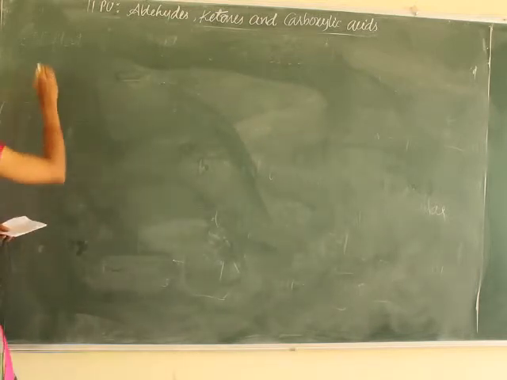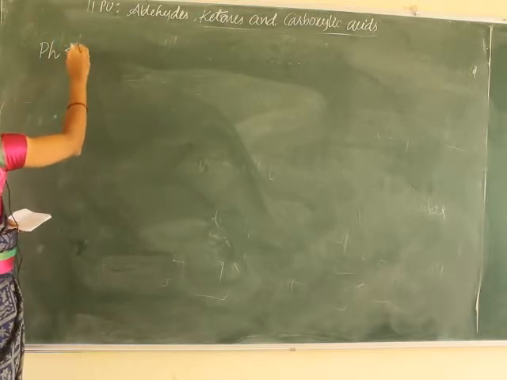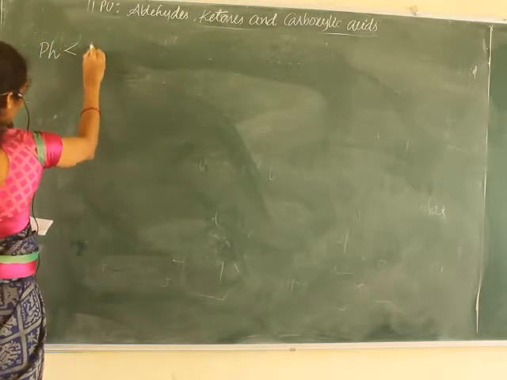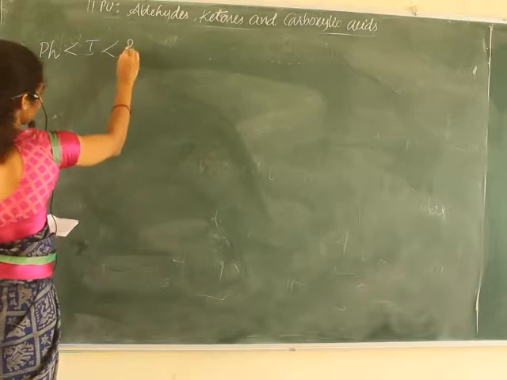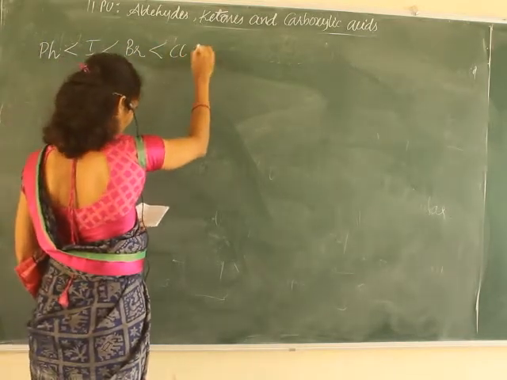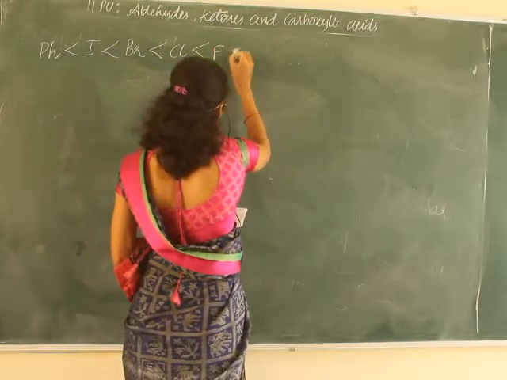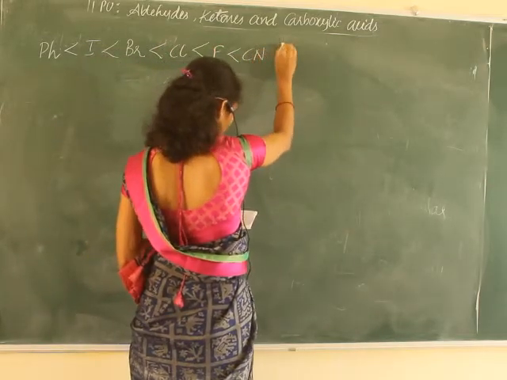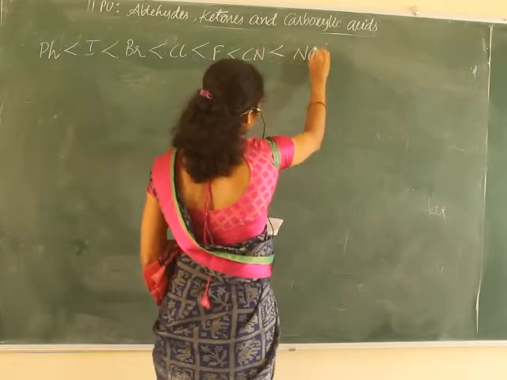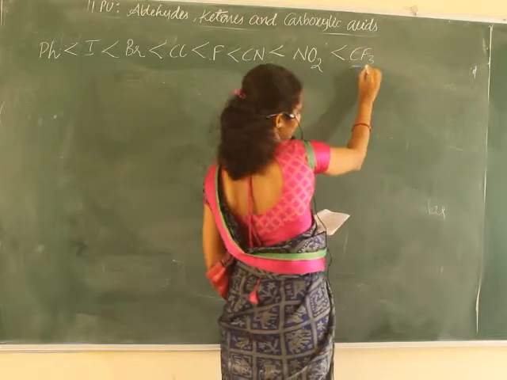If there is a phenyl ring, then acidity is less, then iodine, then bromine, chlorine, fluorine and nitrile, NO2 and CF3. This we have already studied, right?